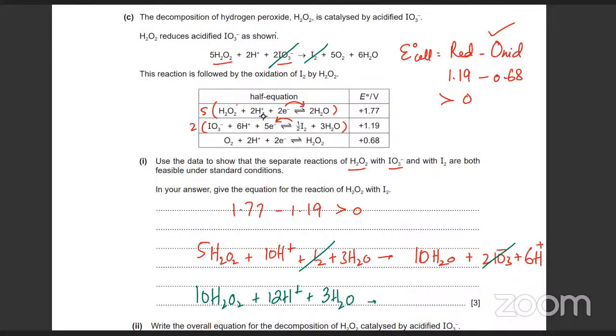And on my product side, I've got 5 O2s, 5 O2s, I've got 6 H2Os, 10 H2Os, so that's 16 H2Os. And we have 6 H plus 1, so the H plus 1s are going to get cancelled out. The waters would probably be cancelled out as well somewhat.